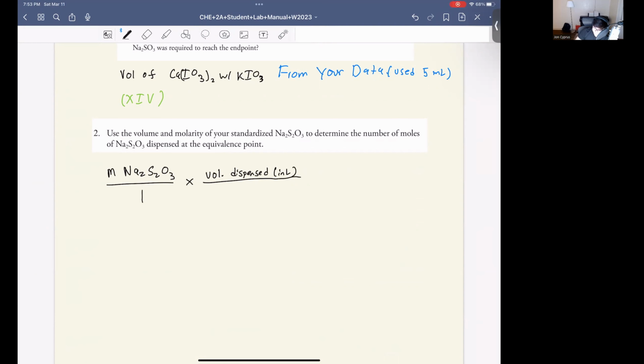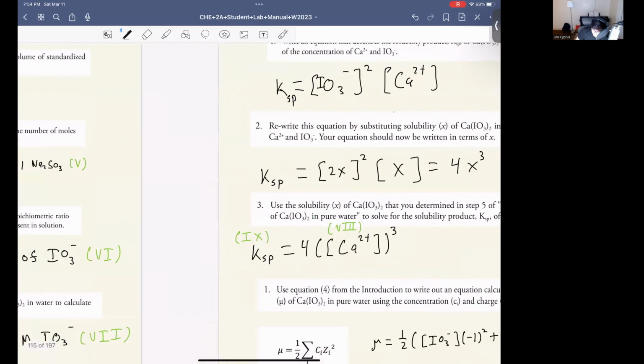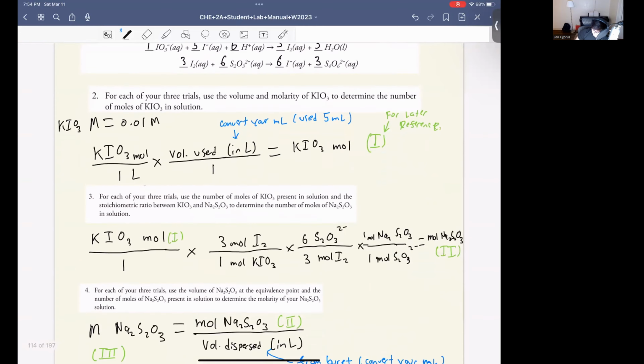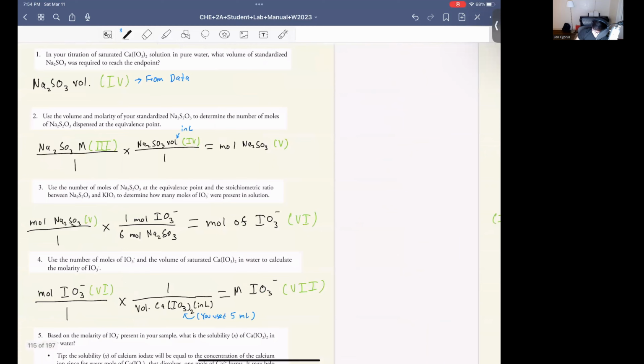Make sure you convert. I'm not going to write it down. And this was from somewhere in the first part, number 3.